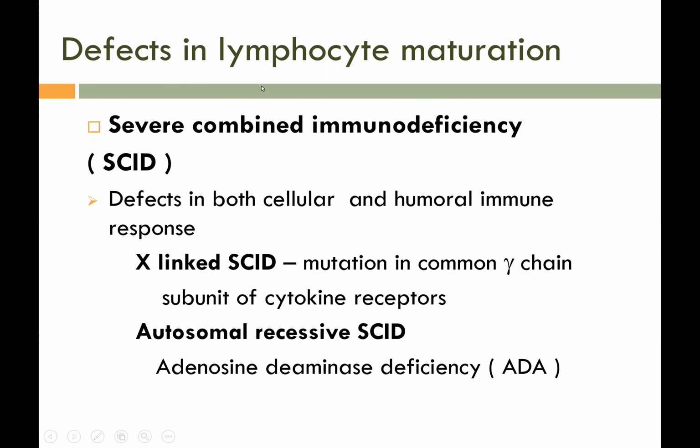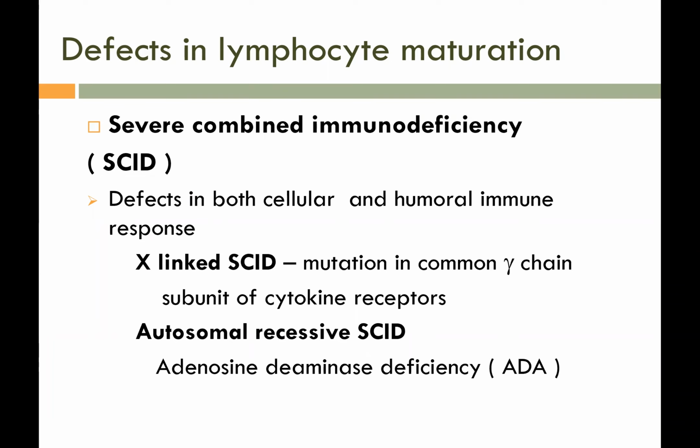The term itself would tell you that you are looking at both problems of B and T cells, so that both humoral and cell-mediated immune responses are compromised, so that you are expecting the manifestation to be among infants.